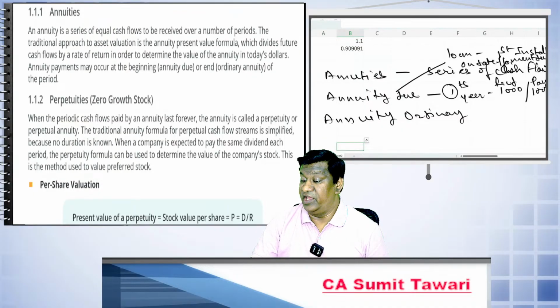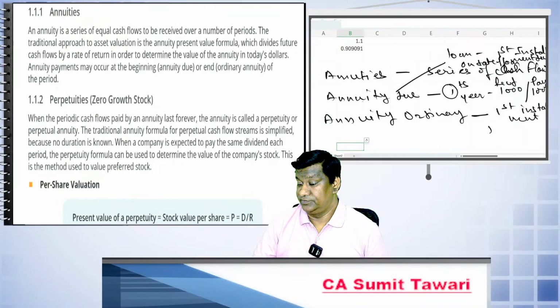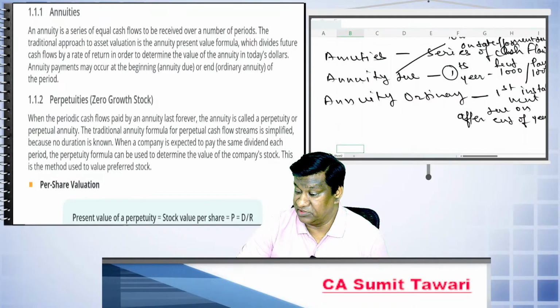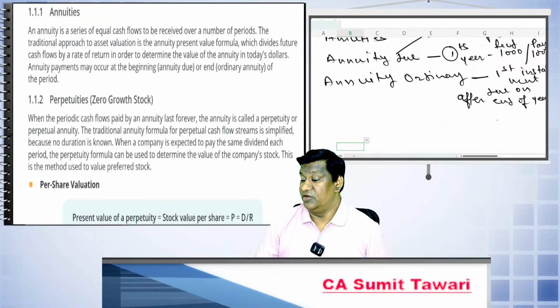That is basically the annuity due. And in ordinary annuity, the first installment is due after the end of the year. Generally, for lease calculation, we are adopting this concept, after the end of the year.